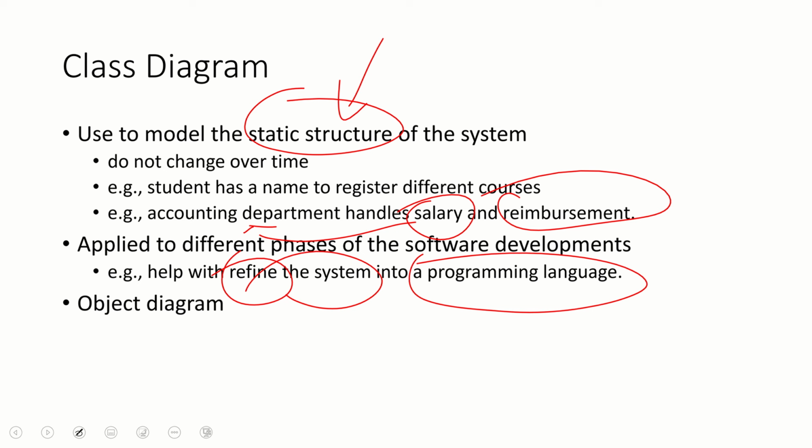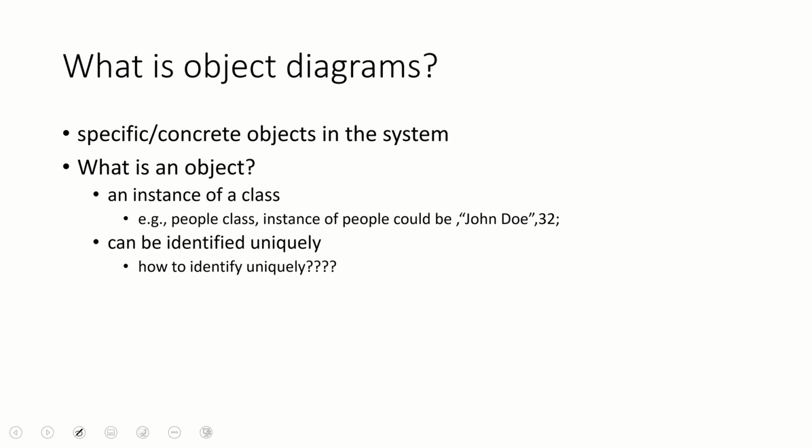Based on the design of your system, it can help you to refine the system into a programming language. In the scope of class diagram, we have another diagram called object diagram. It is helpful to help you understand and implement the class diagram. So what is an object diagram?